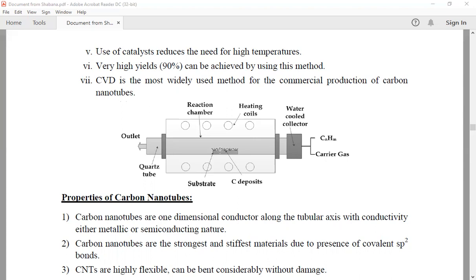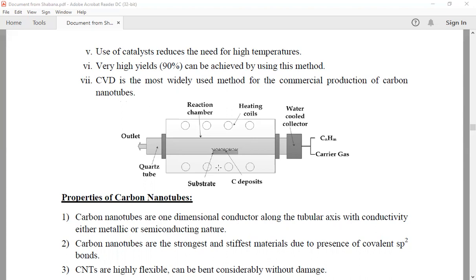The carbon nanotube grows at the surface of the catalyst particle, where the carbon-containing gas is broken, and carbon is transported to the edge of the particle, where it forms a CNT, a carbon nanotube.